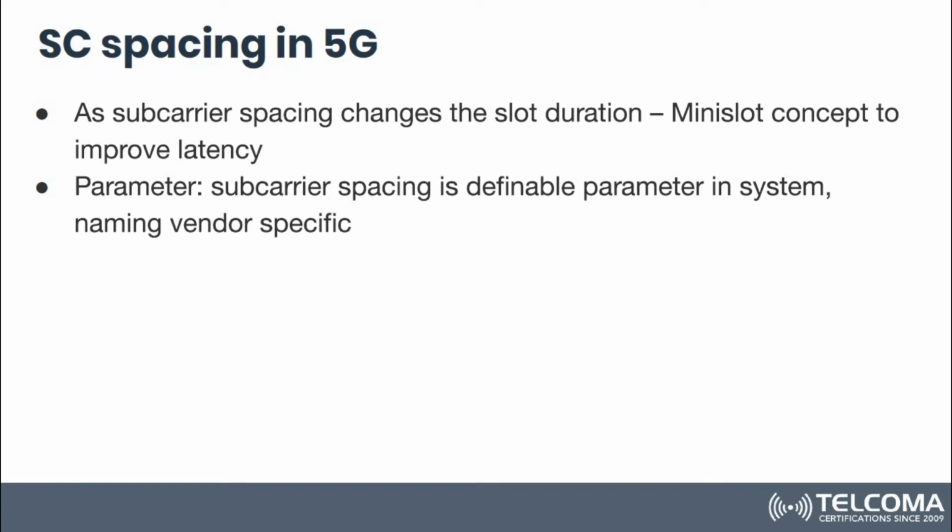Subcarrier spacing can be implemented through the subcarrier spacing parameter defined in the network, and the naming convention can be different in different vendors. As subcarrier spacing changes, the slot duration changes, which brings in the mini slot concept, where we can improve latency.